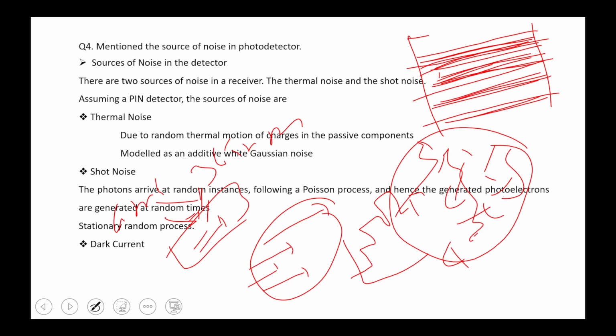So this disturbance of the signal is due to the dark current, and it is also a type of noise we have to consider in the photodetector. So we have to minimize all these three at the receiver side. If we have less noise in the receiver, we can detect the input signal accurately. Any questions on this?